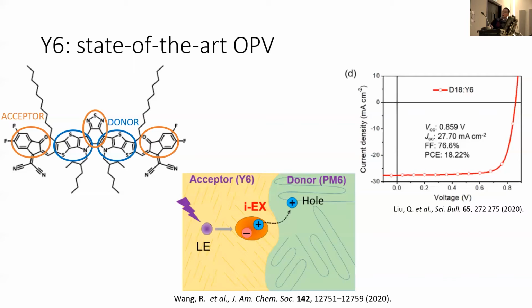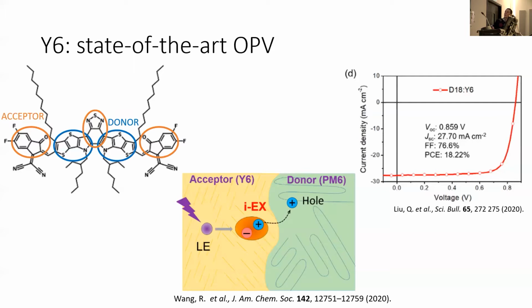And what inspired all of my recent work was a paper that came out in 2020, which looked at the photophysics of Y6. Essentially, they proposed a semi-dissociated exciton, if you like, which they referred to as an intramoiety state. And they said that this was an intermediate on the pathway of charge separation.